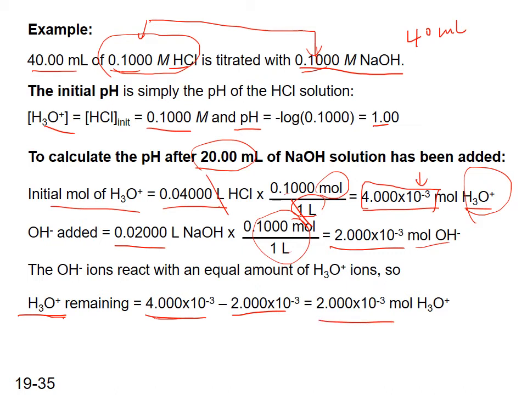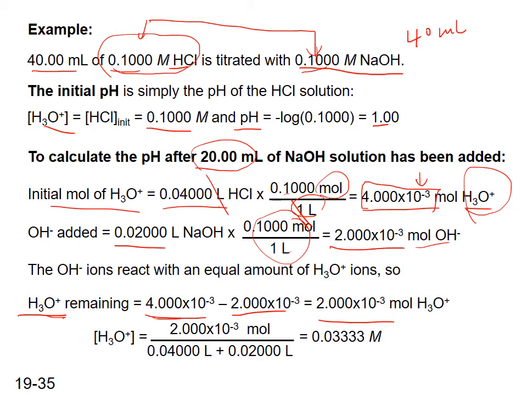That's the number of moles, and then we divide by volume to calculate concentration. Note that the volume now is the sum of the volume of acid and the base added, the total volume. That gives you 0.03333 molarity. With this excess amount of hydrogen ion, we can calculate the pH value, which is 1.48.